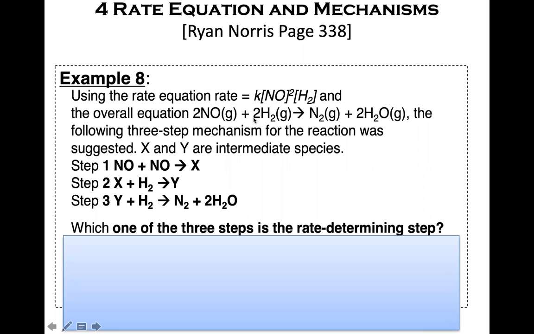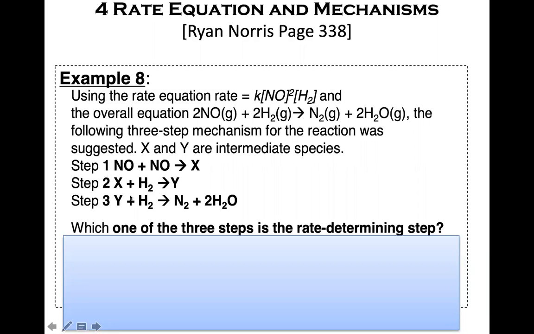This reaction is made up of 3 steps. Step 1: nitrogen monoxide combines with another molecule of nitrogen monoxide to form X. So X is your intermediate here. X then reacts with H2 to form Y. Then again, Y is your intermediate. Y reacts with H2 to form N2 plus 2H2O.